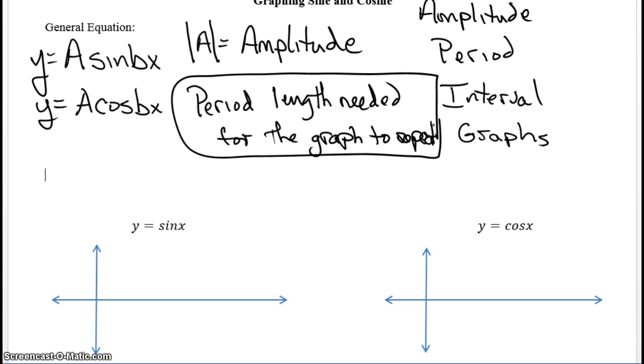Okay, and what's going to give us the period is the value of b. So we're going to say that period is equal to 2 pi over b.